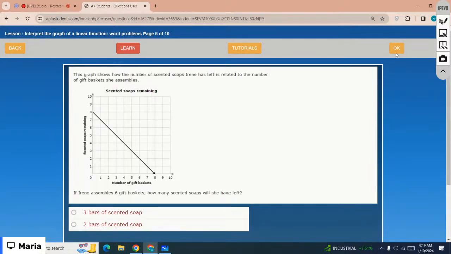Okay, the next one is this graph shows how the total number of scented soaps Irene has left is related to the number of gift baskets she assembles. If Irene assembles 6 gift baskets, how many scented soaps will she have left? Which is the correct option?